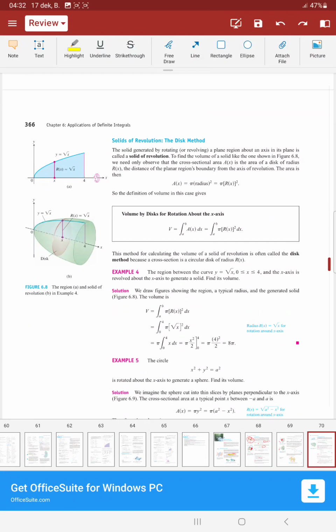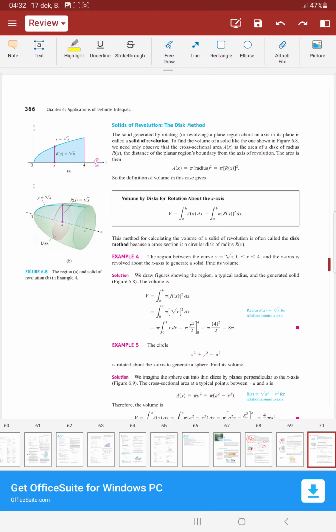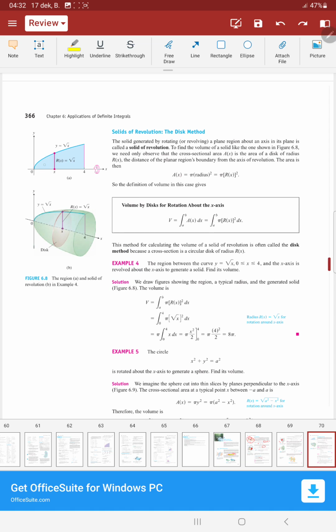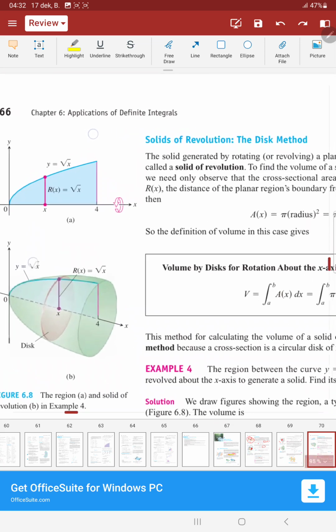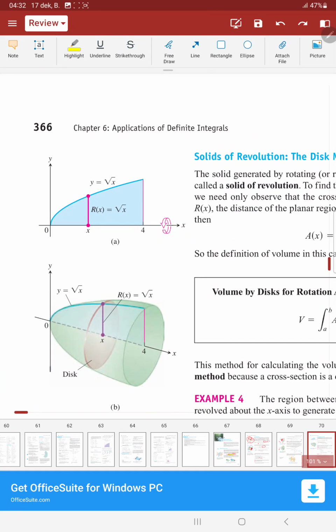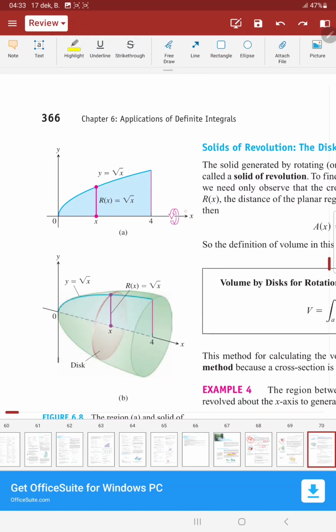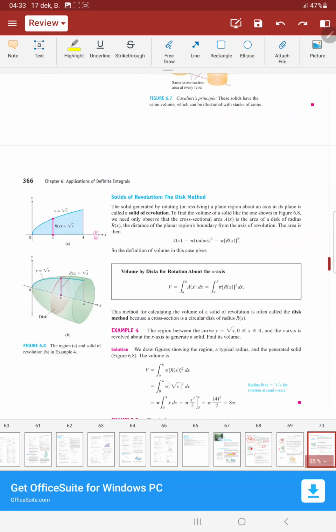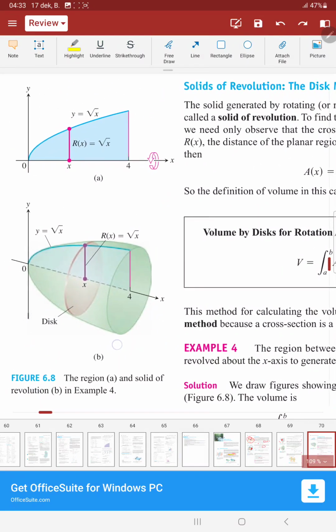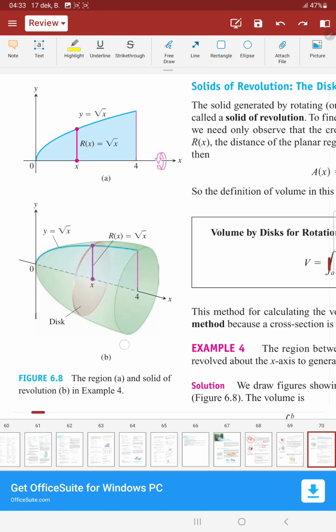Solids of revolution, the disk method. What is a solid of revolution? We'll have a solid like this in this picture, and we'll rotate it by the x-axis or by the y-axis, it doesn't matter. It will be given in the exercises. If we rotate this solid by the x-axis, we'll get this figure.